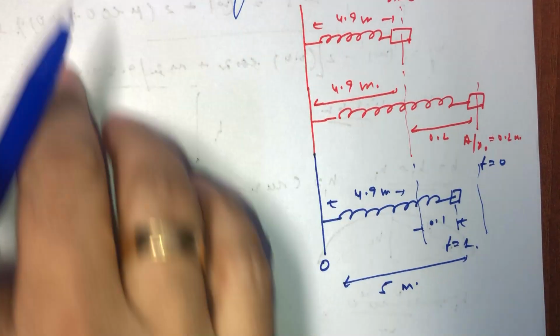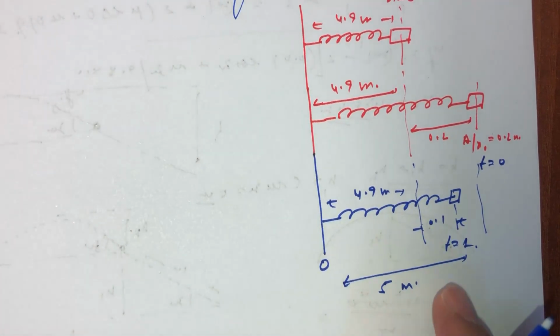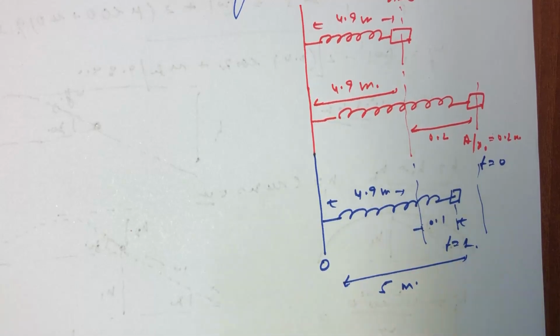So this is the basic. We found out at what position is the block after t is equal to 1 second.